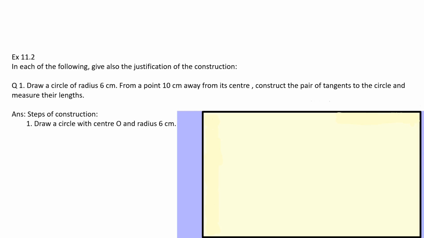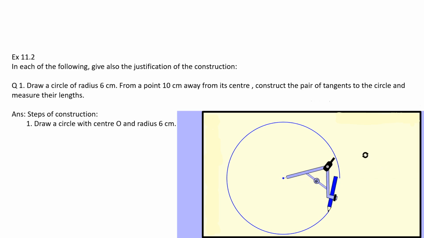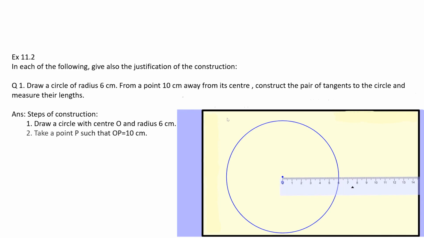And mark the center as O. So using the compass, taking 6 cm, drawing a circle with center O. Now we have to take a point such that OP, the point P, should be 10 centimeter away from the center.